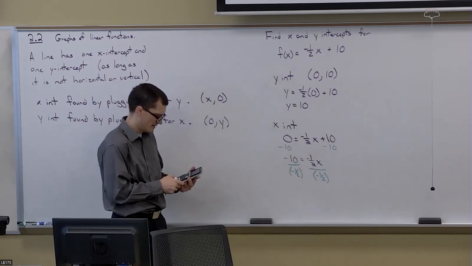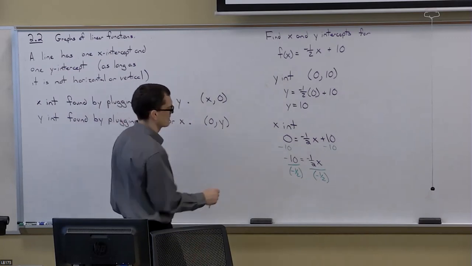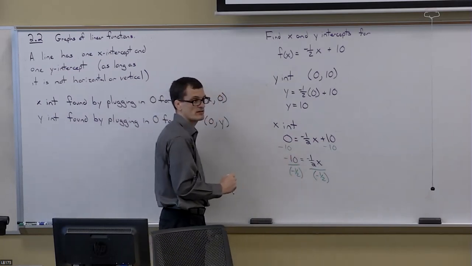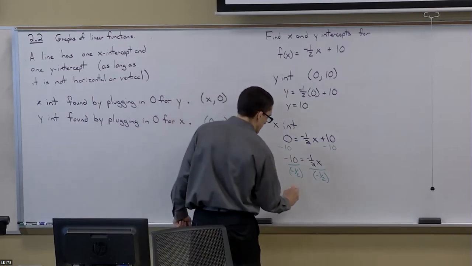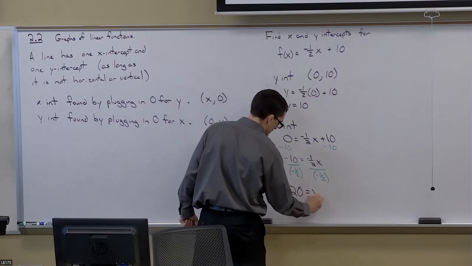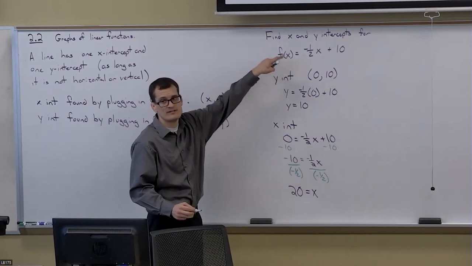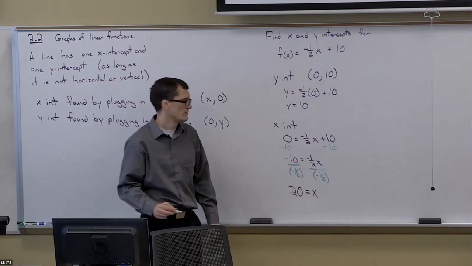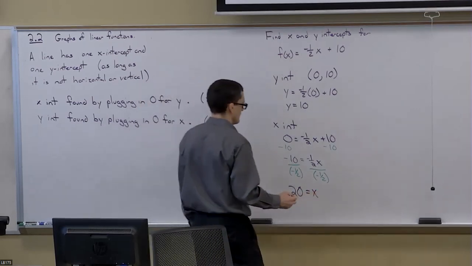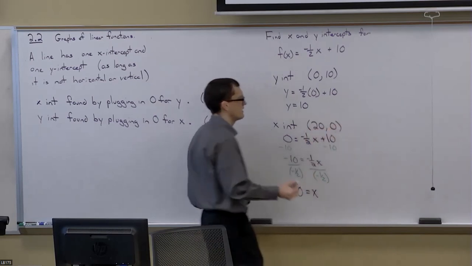When you type it into your calculator, make sure the fraction goes into parentheses. Then you should get +20 as your x value. You can always check that by plugging it in and seeing that the 20 gives you a y value of 0. So the x-intercept is (20, 0).